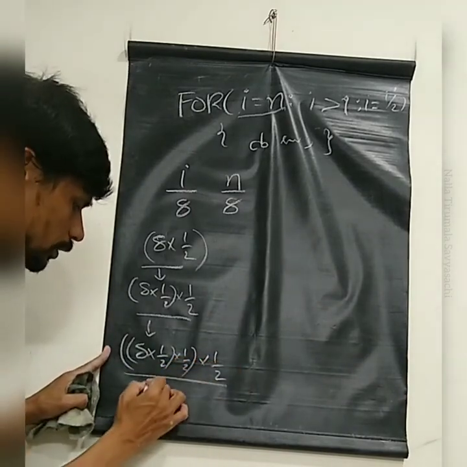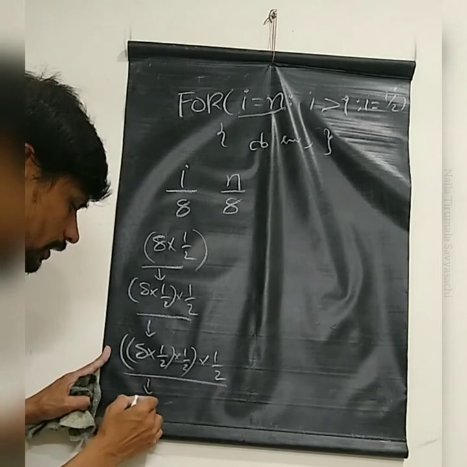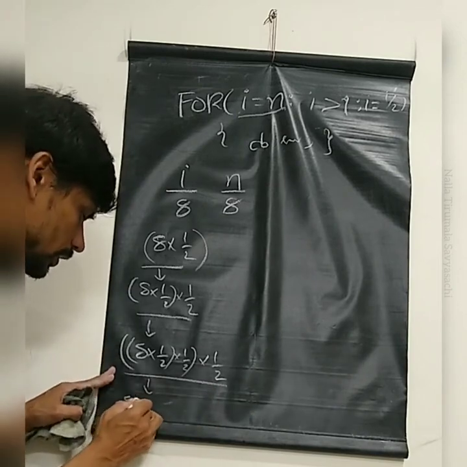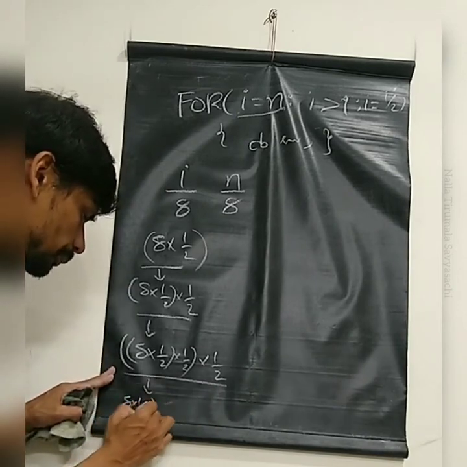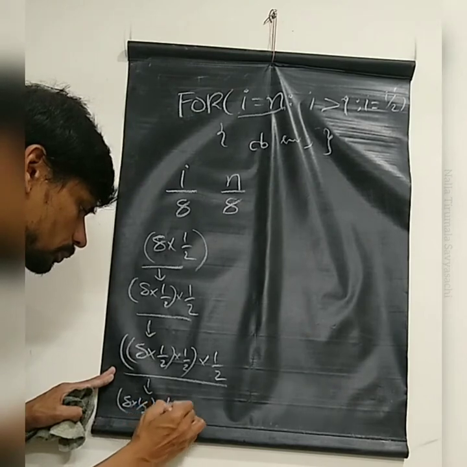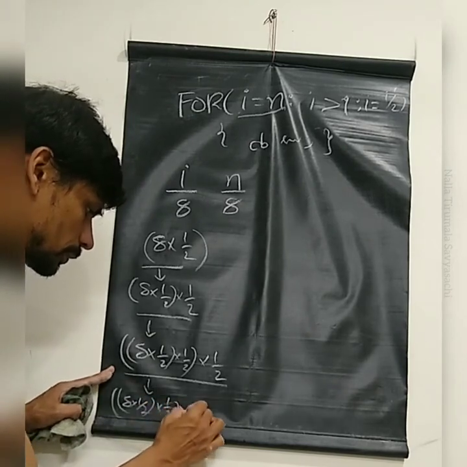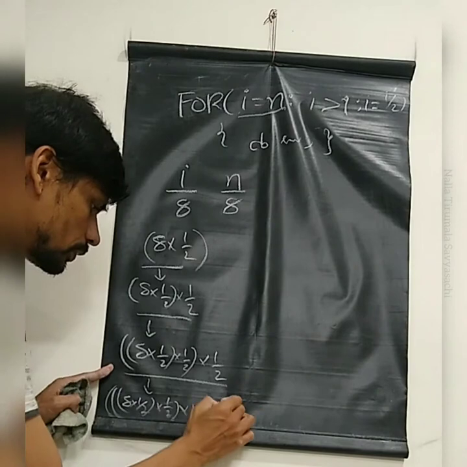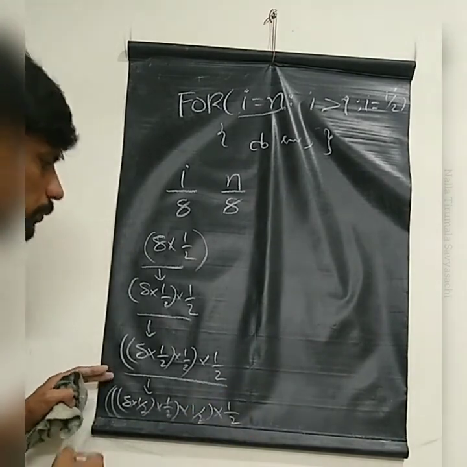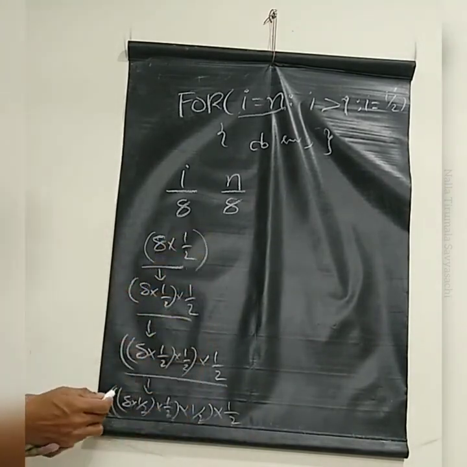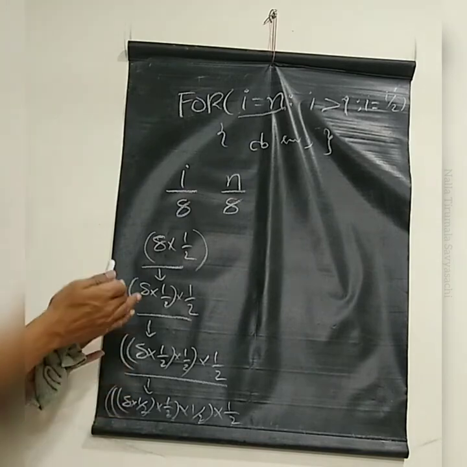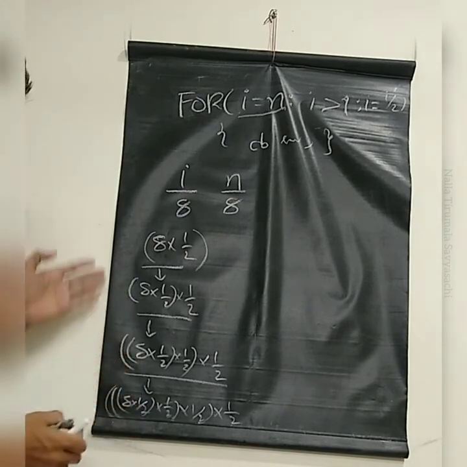In the next step, this entire thing and another multiplied by 1 by 2. So this pattern will go on.